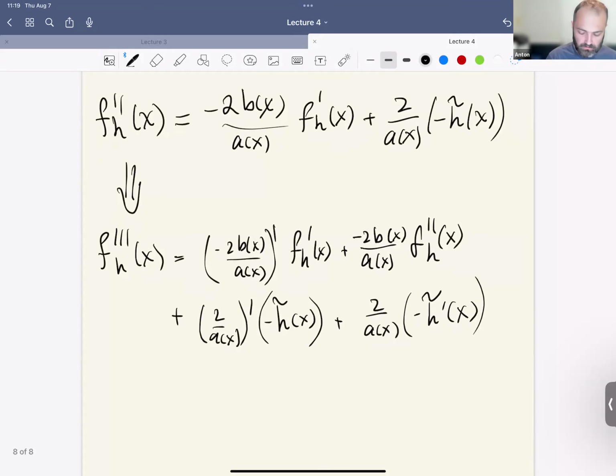Okay, so my goal is not to dive in and work out all the constants, but let us convince ourselves that in our case for y0, this is manageable.